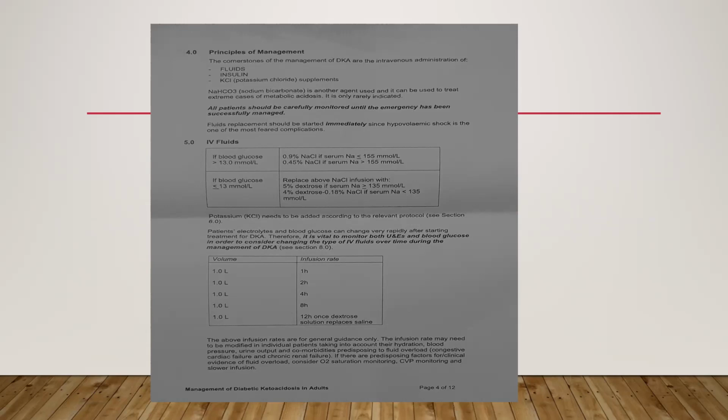As you can see, we have the same volume every time, but we double the infusion time. The first liter we run over 1 hour, the second liter slower over 2 hours, the third over 4 hours, the fourth over 8 hours, and the fifth over 12 hours if needed.